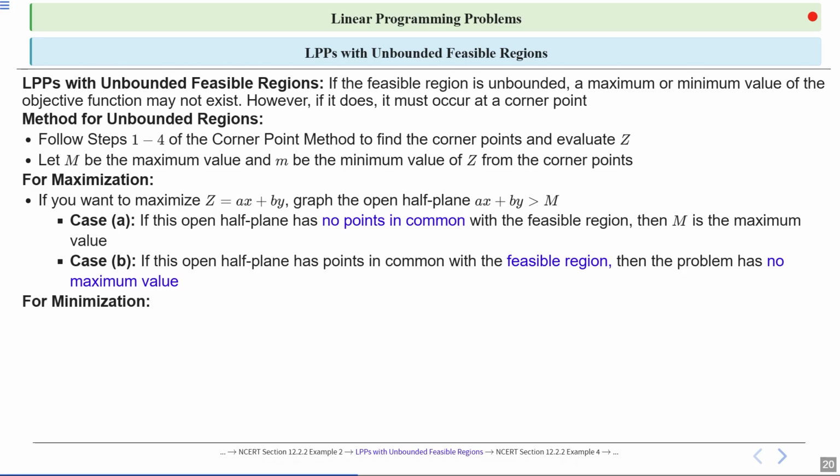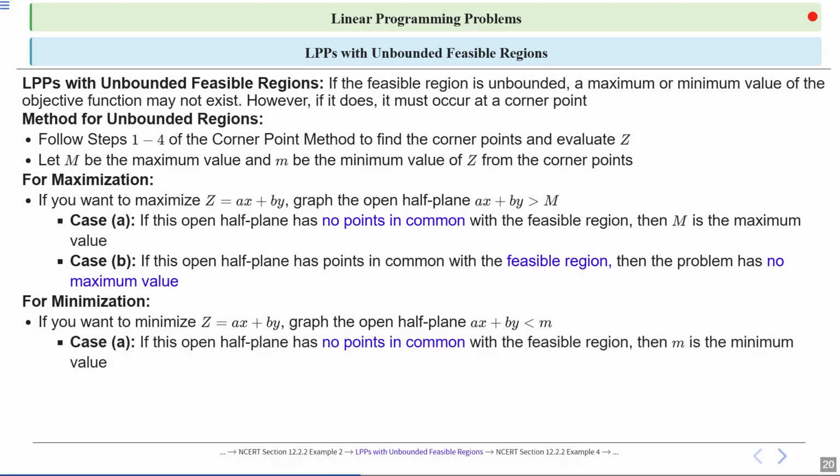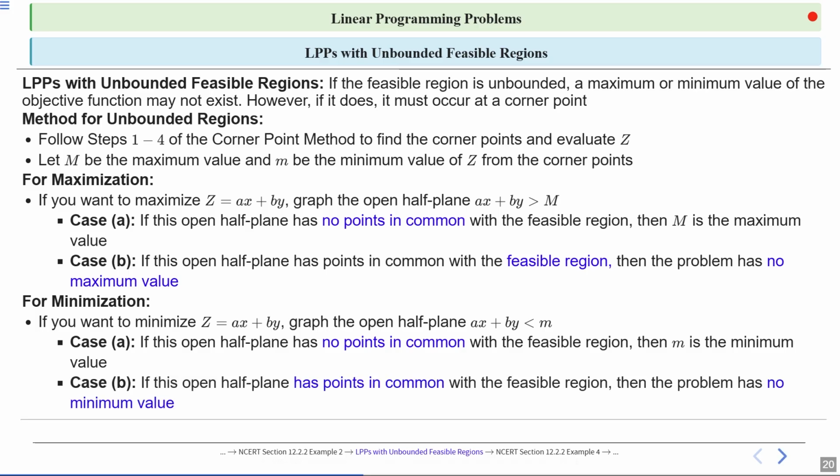For minimization, if you want to minimize Z = ax + by, graph the open half plane ax + by < m. If this open half plane has no points in common with the feasible region, then m is the minimum value. Case B, if it has points in common with the feasible region, then the problem has no minimum value.